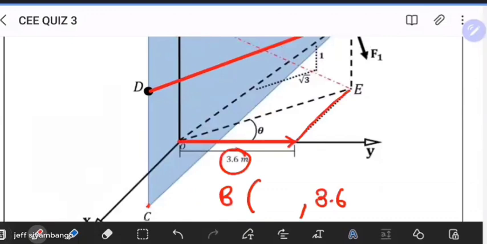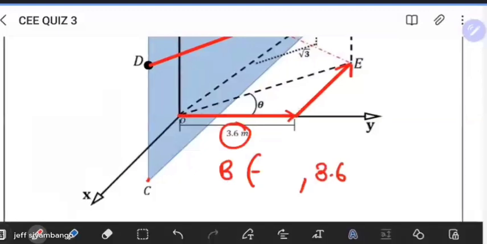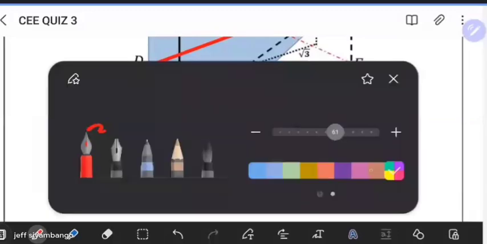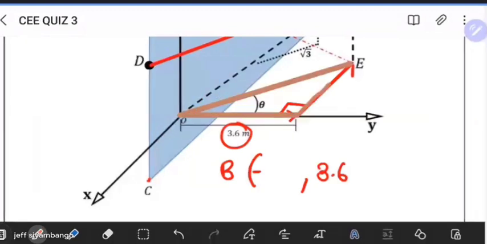For starters, it is pointing in the negative direction, so expect this to be a negative number. But what number will it be? Well, firstly, this is a right angle, so you're seeing a right angled triangle. To show you, the right angled triangle will be this one here, to here, and then to there.